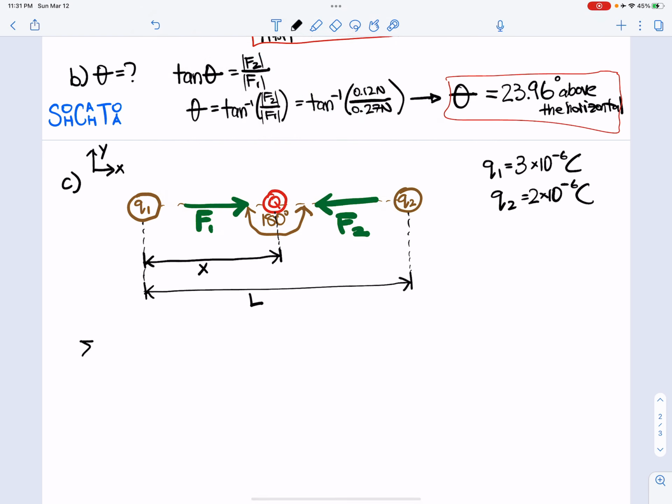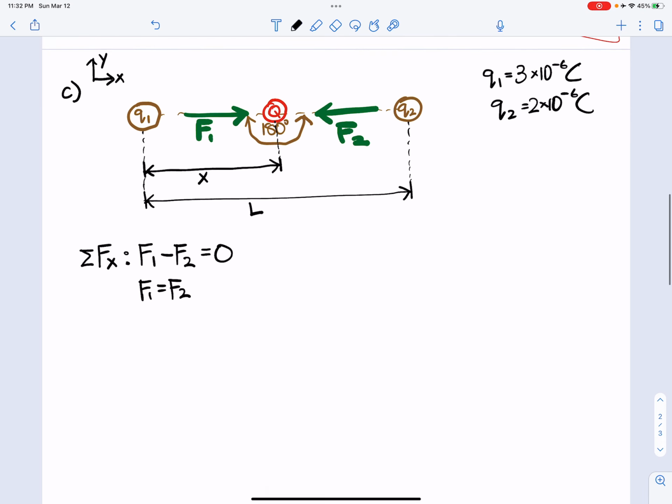So my summation of forces along x is going to be equal to F1, which is pointing towards positive x, minus F2, which is pointing towards negative x. And that's going to equal 0. All right, so in other words, F1 would be equal to F2. And again, what is force?